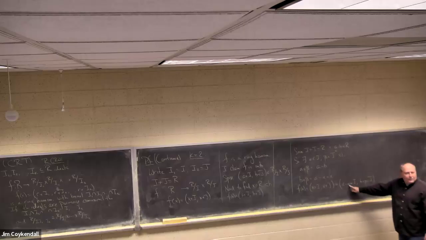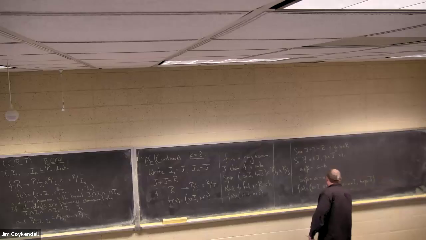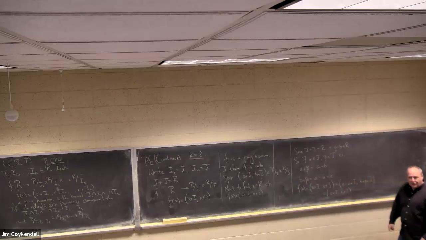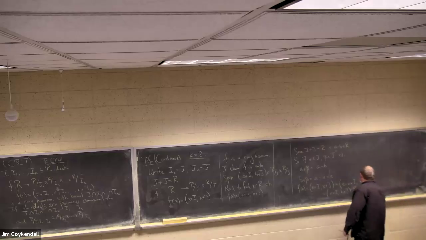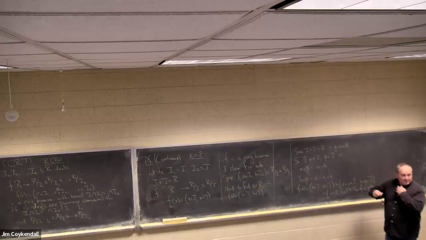And notice alpha is in I, so this is the same coset as A plus I. And beta is in J, so this is B plus J. So X maps to both. Okay.